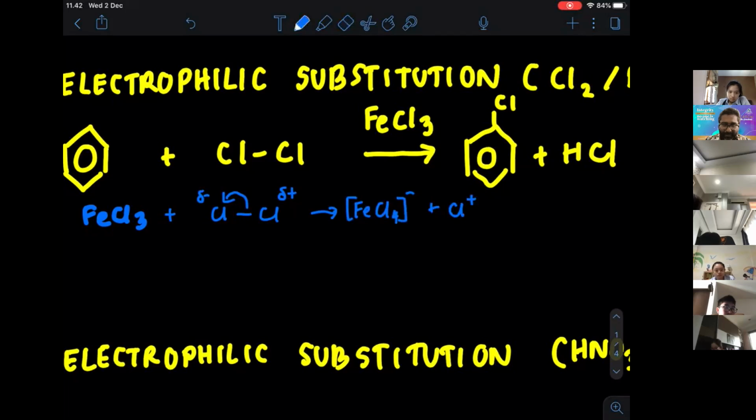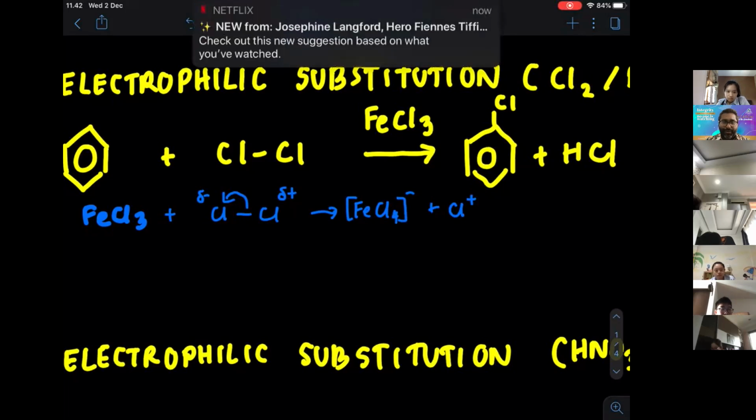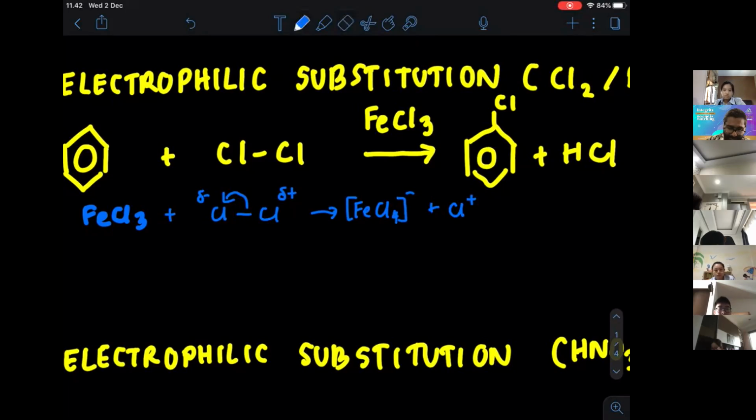Now we are going to react. If I put the benzene and I have the Cl plus over there, the curly arrow diagram is going to show us the movement of the electrons. From the ring, the delocalized electrons will go to the Cl plus, which is the attack of the electrophile.